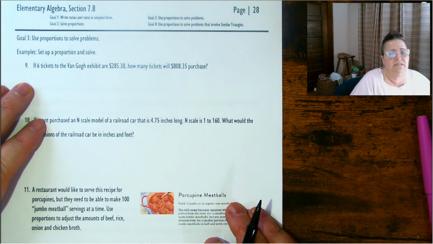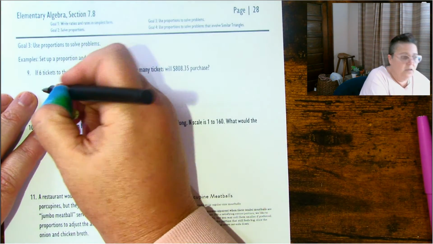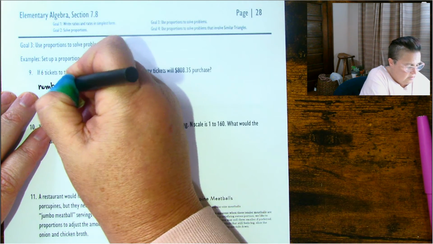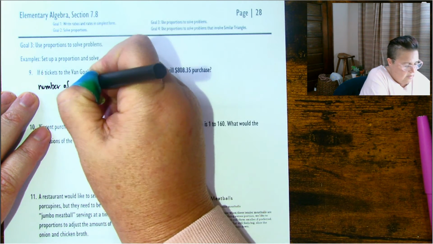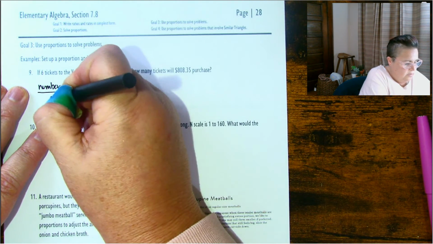All right, 6 tickets to the Van Gogh exhibit are $285.30. How many tickets will 808.35 purchase? Okay, so I'm comparing the number of tickets to the cost.